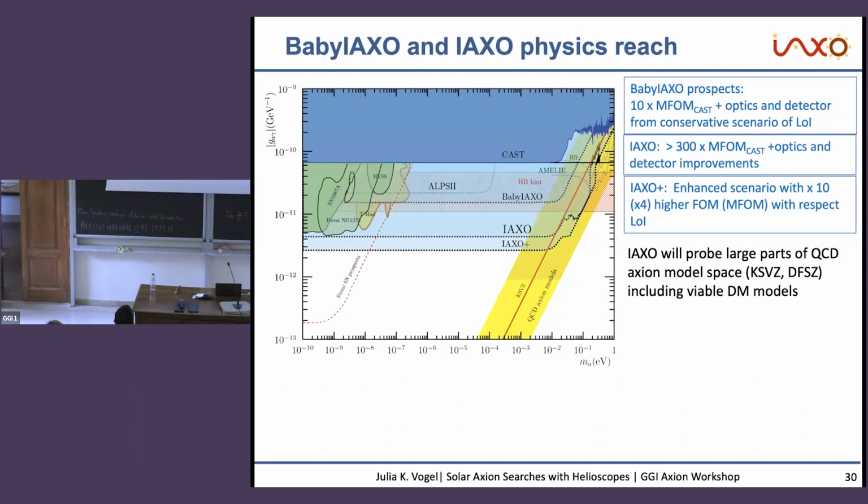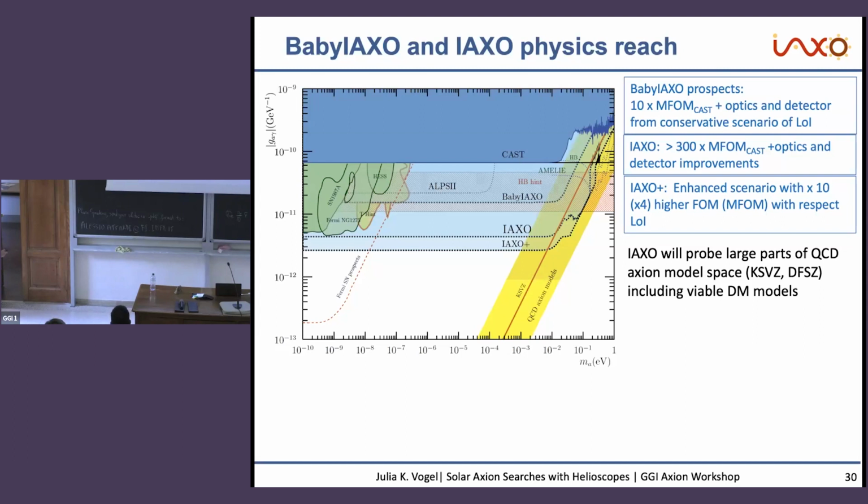With BabyIAXO, we get 10 times the magnet figure of merit of CAST, plus again the optics and detector enhancement. For IAXO, we expect that number to be 300 times plus additional improvements. And if we can improve further on optics, detectors and observation, as well as the magnet potentially, we could get these enhanced systems. But our two baselines are basically BabyIAXO and IAXO.